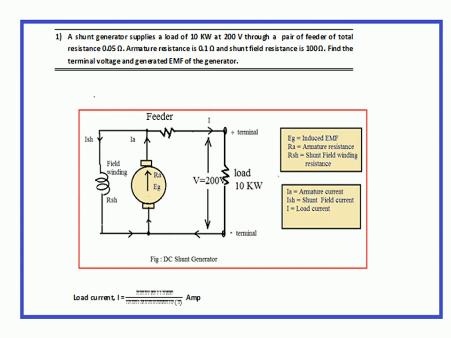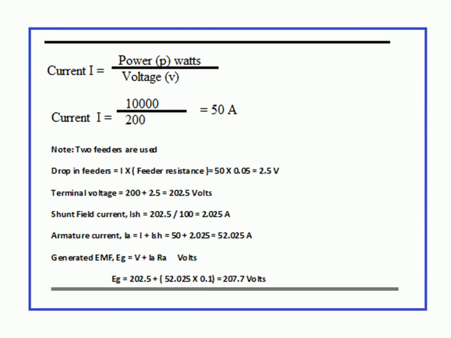The load is 10 kilowatt, terminal voltage is 200. Hence, you can calculate the load current. Load current IL equals load power in watts divided by voltage.